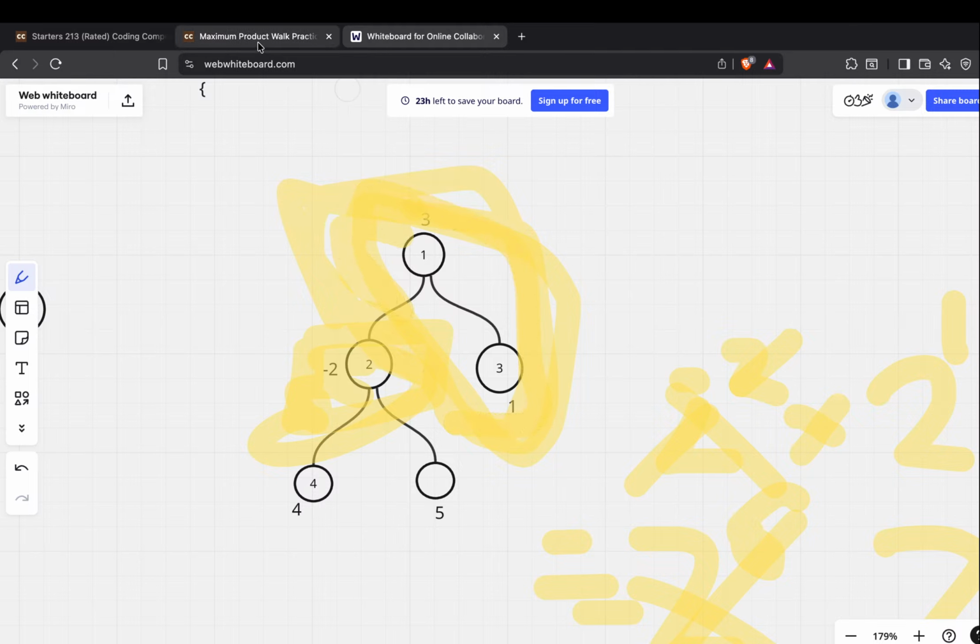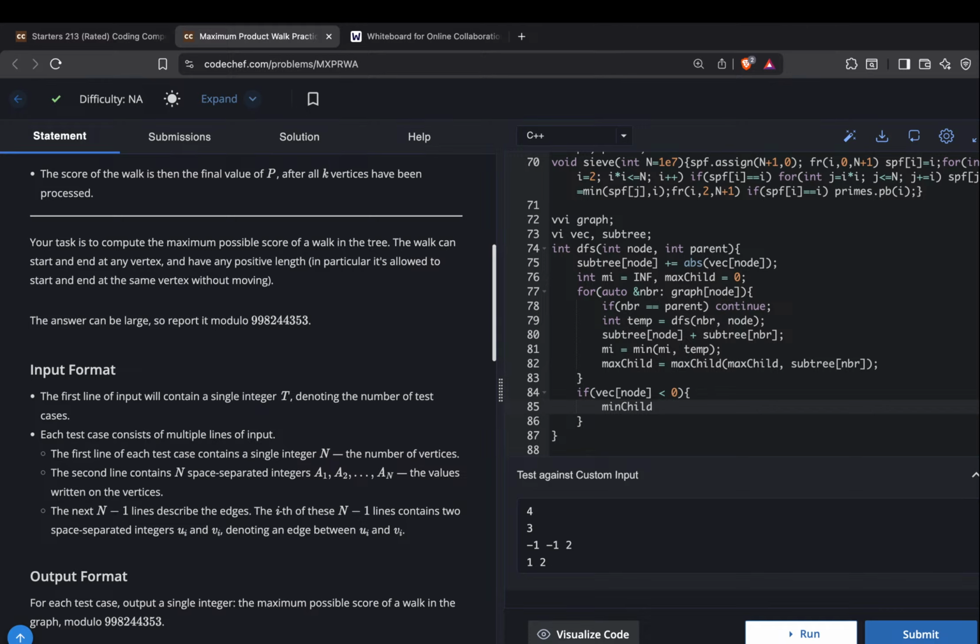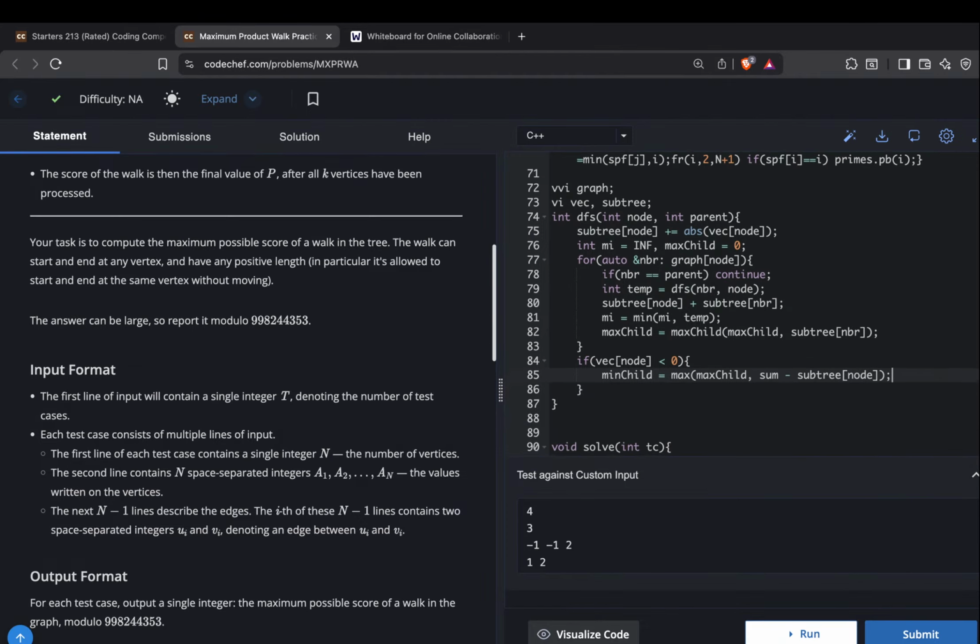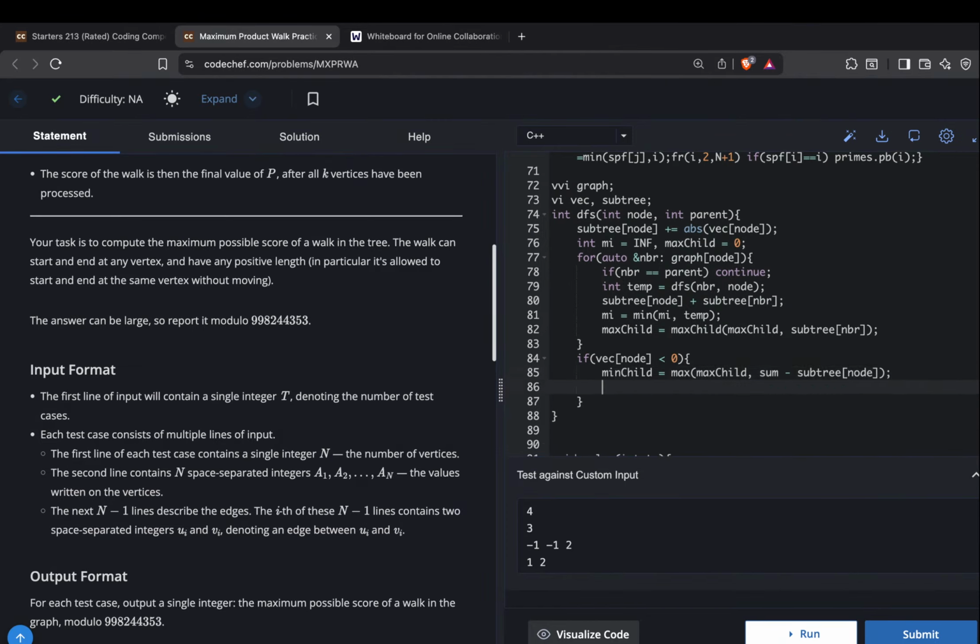That part is a subtree as well. If we consider this as a node root, then it is equal to max of max child and the ancestor part. Rest part is to be removed.